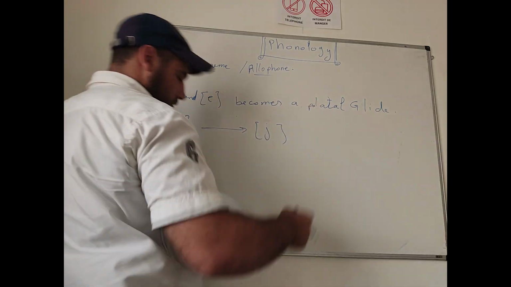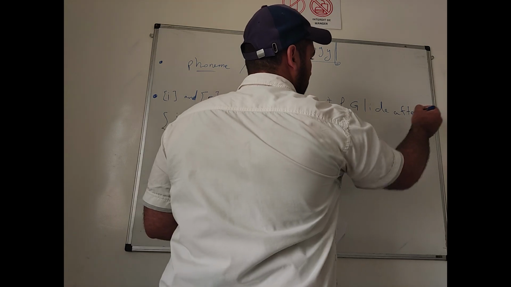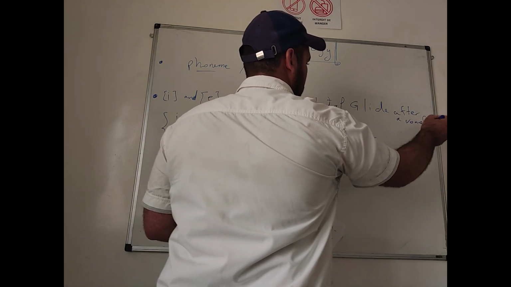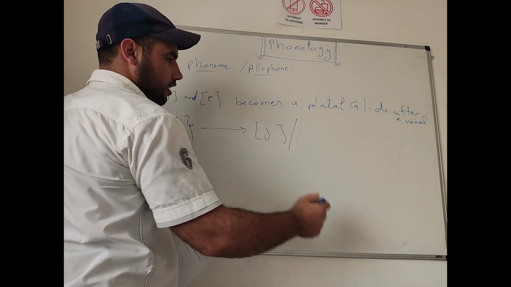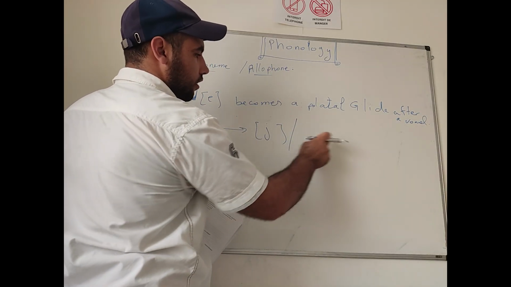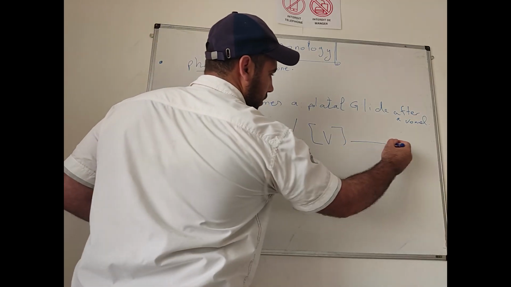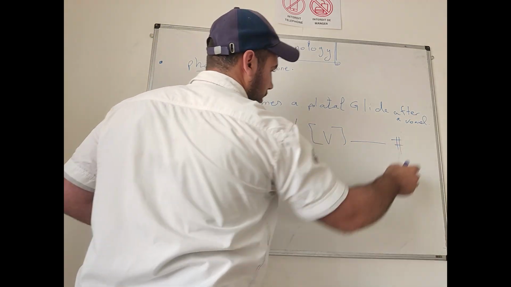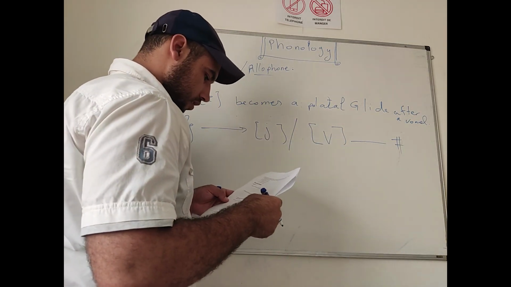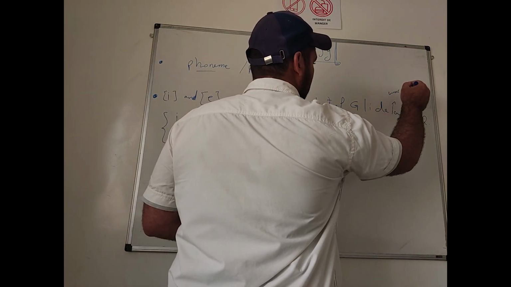Where, here, after a vowel. I forgot to add this. The context here is after a vowel. Here is the vowel, and this is what is after the vowel. And also here we have the word finally.